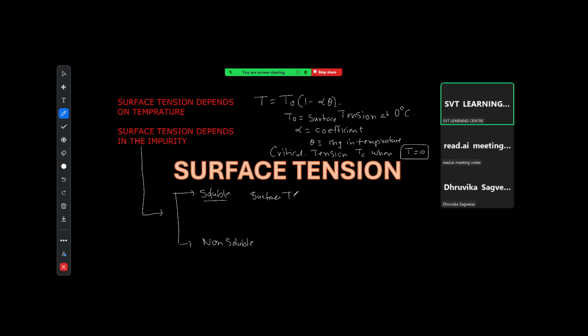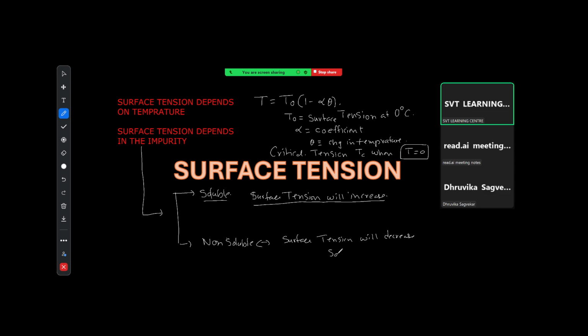So if you add sugar or salt to water, its surface tension will increase. If you put a non-soluble substance, then surface tension will decrease. Now, a very good example of this is soap.